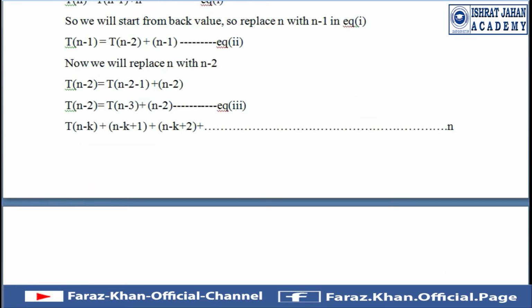So if k is equal to n, then T of n is equal to T of 0 plus 1 plus 2 plus 3 plus 4 plus 5 till n.